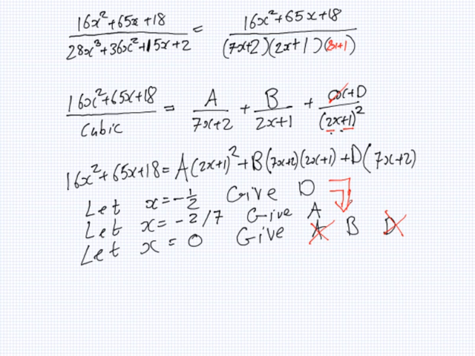Can you do the last one? No, because then I'll have to do the first 2 to get the a and the d. Exactly. Because if I let x equal minus half, that gives d, because these 2 will go.